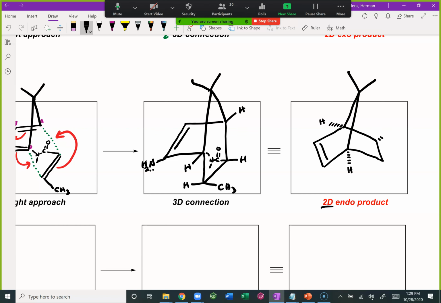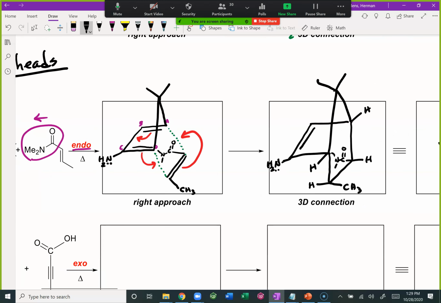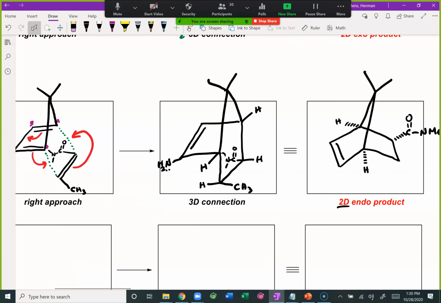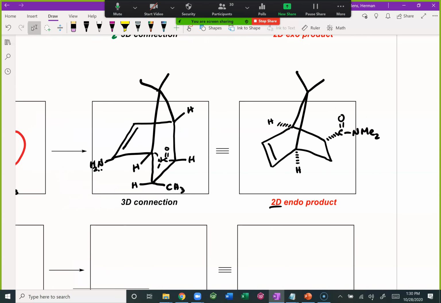So the group here is down. So this is an amido group. I'm gonna finish it up like that because I started off like that. And the methyl group is up. And I need an NH2 group here. And that's it. Any questions about this?